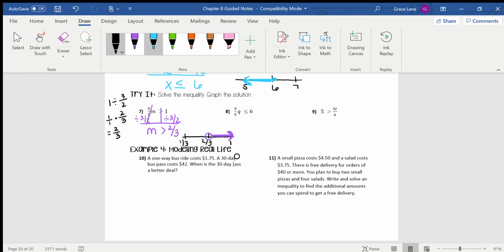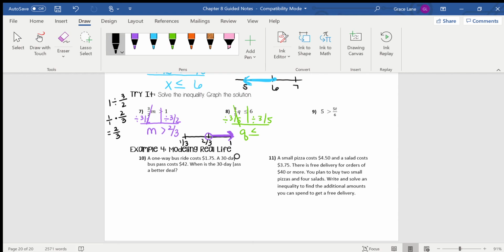Number 8. 3/5 times q. So the opposite would be divided by 3/5. So q is going to be greater than or equal to something.